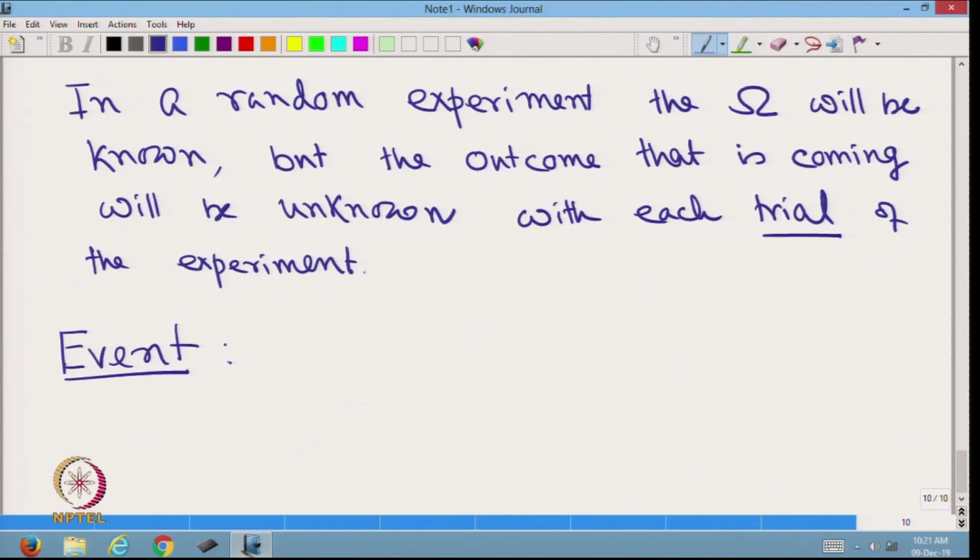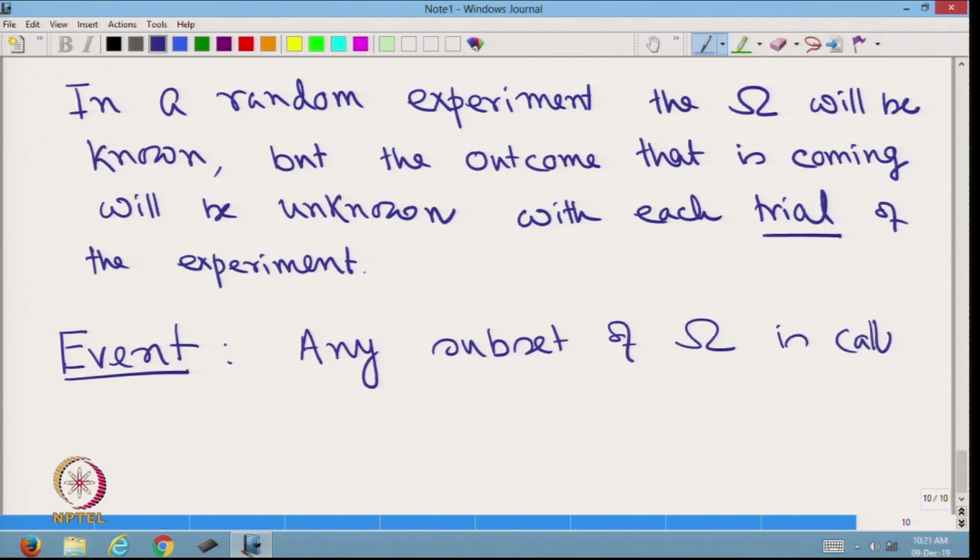Event. Any subset of omega is called an event.